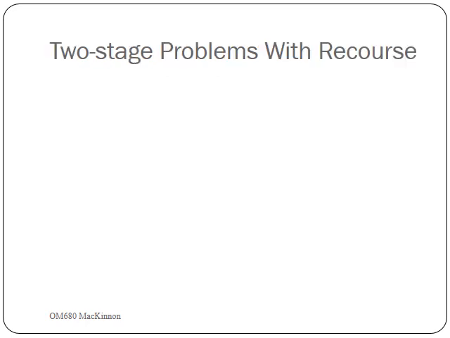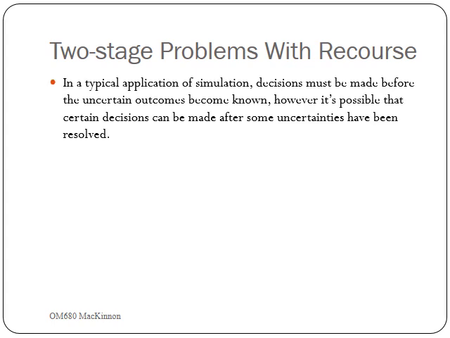And finally, something that's listed in the text called two-stage problems with recourse. As you know, the way we've been treating the simulation is we have to make decisions before we know the uncertain outcomes. That's why we do a simulation, to try and take our best guess at what the uncertainty will be. Typically it's a matter of time.